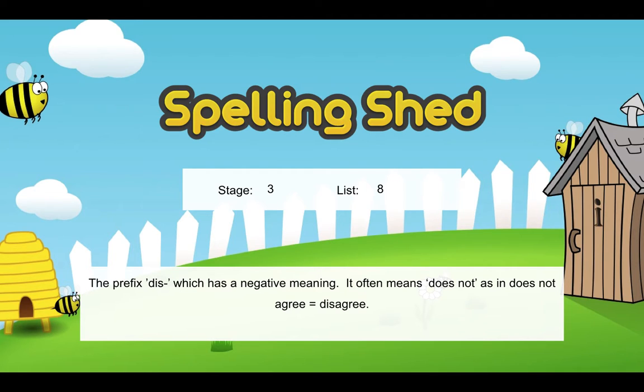Here's your first sentence. The little boy was very disappointed that his ball went in the river. So I'll read that again.